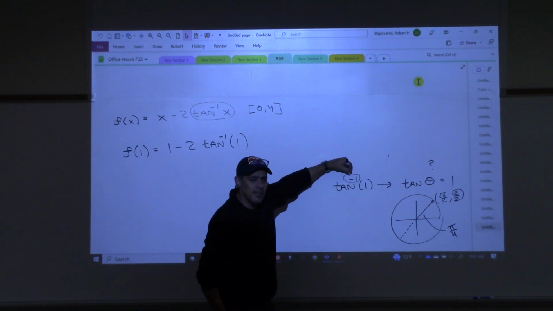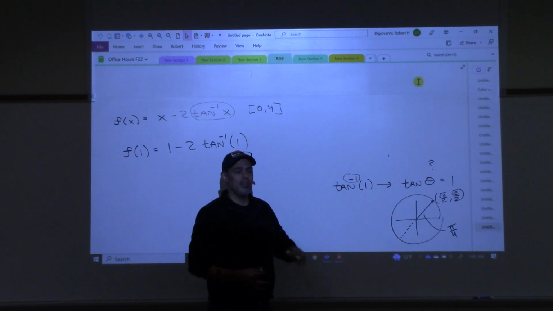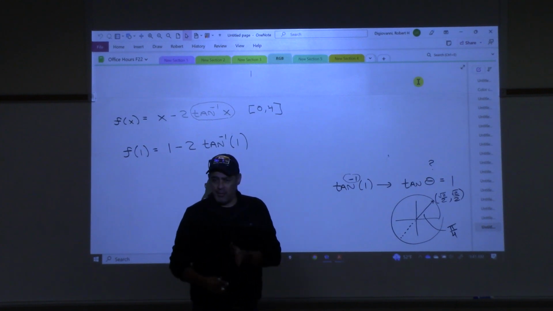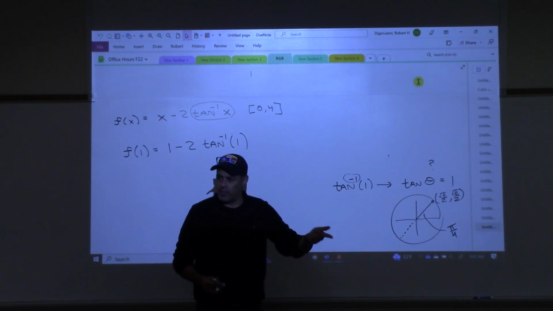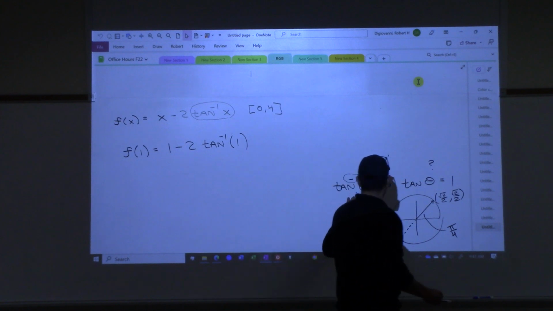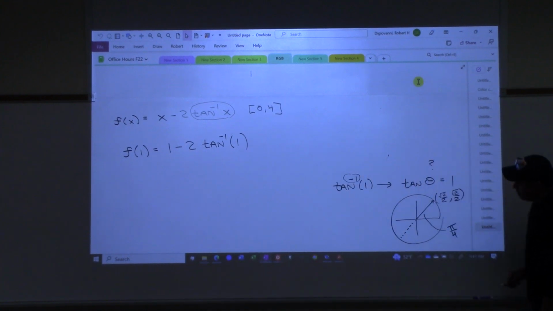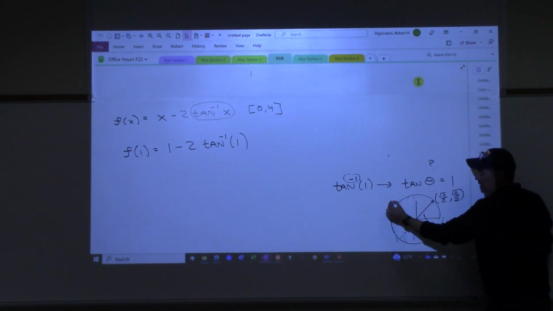Exactly. This right here is an inverse tangent function. In pre-cal, when we're dealing with inverse trig functions, there are domain restrictions for the exact reason that we do not want to have multiple answers. We only want to have one. So the domain restriction for arctan is, anyone remember what it is? It's only the right side of the y-axis, so it's over here. You throw out any answers over there.